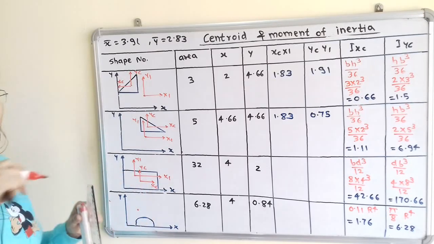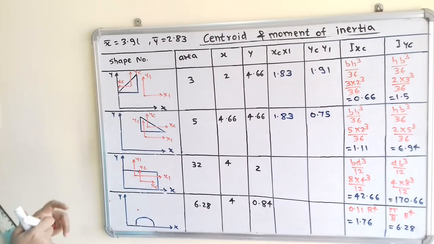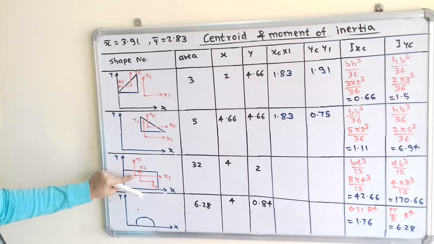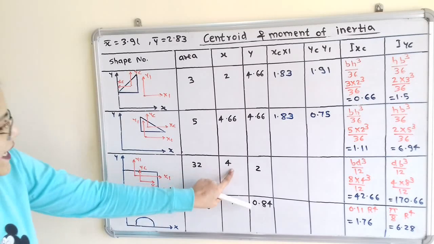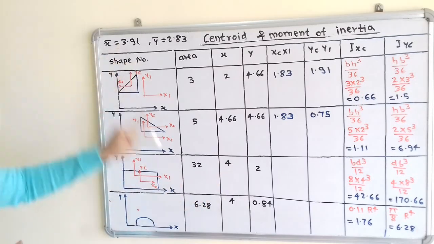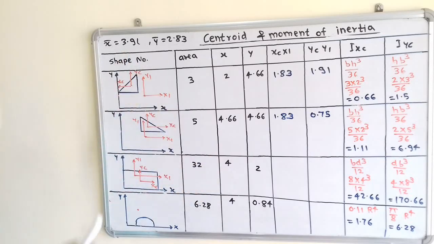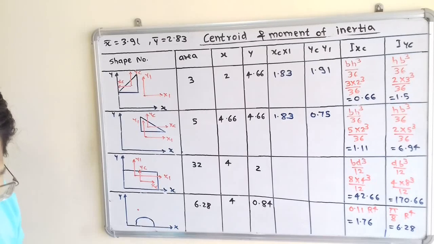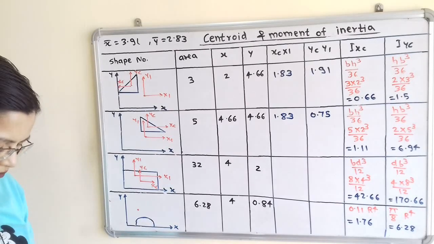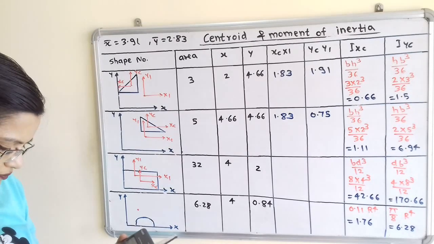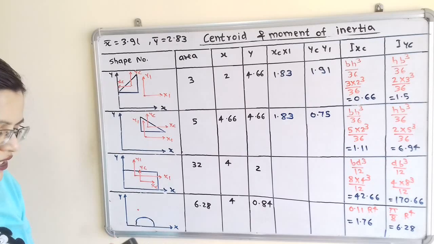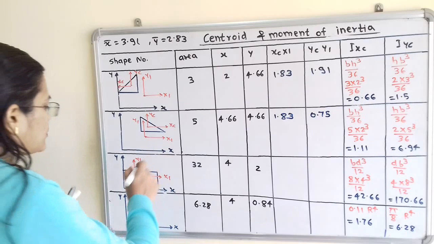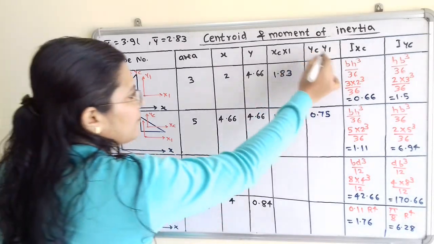Now we have to find the parallel distance. If we observe, we have to take the difference between this horizontal distance x and x bar. So x is 4 minus 3.91. So we will calculate this, that is equal to 0.09. So we have to mention this. This is the difference between y1 and yc.